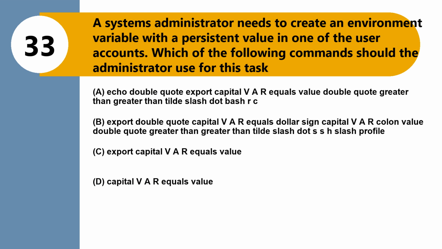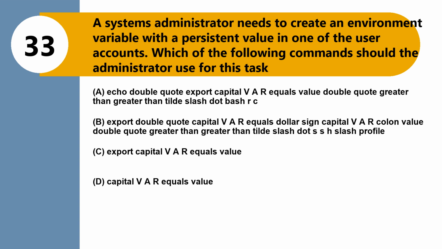Question 33. A systems administrator needs to create an environment variable with a persistent value in one of the user accounts. Which of the following commands should the administrator use for this task? Option A, echo "export VAR=value" >> ~/.bashrc. Option B, export "VAR=$VAR:value" >> ~/.ssh/profile.